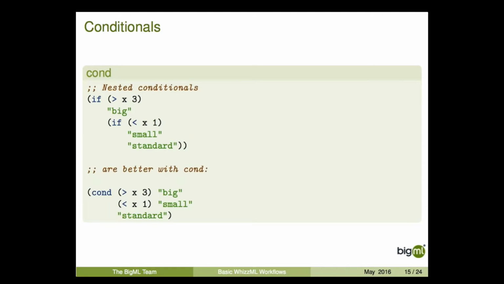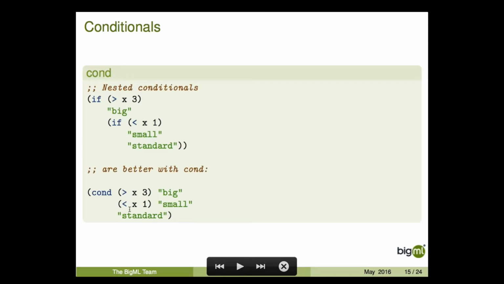We have a special form of conditional statement called cond. If you find yourself doing nested conditionals, here, if x is greater than 3, we're going to say this is big. Otherwise, if x is less than 1, we're going to say it's small. And then if neither of those conditions is met, it's standard. With cond, we can make that a little more clean, where we just say, okay, here's the first predicate, and if that evaluates to true, then we're going to return this.